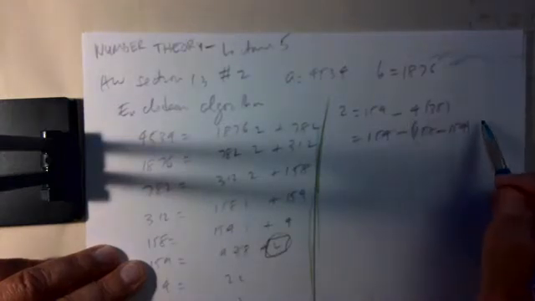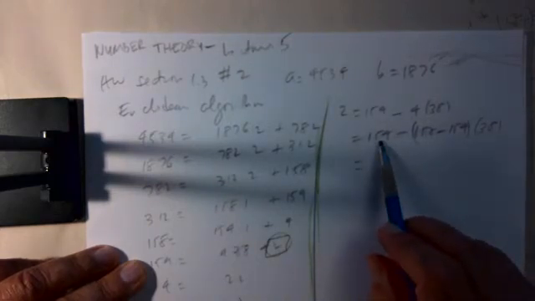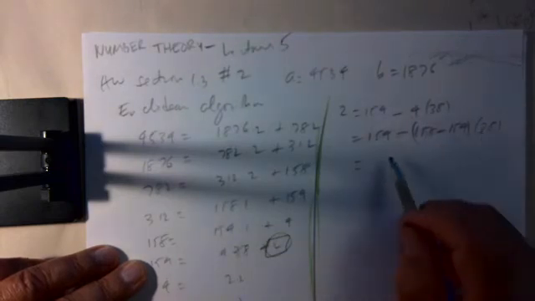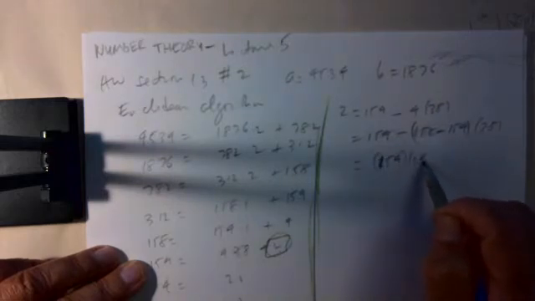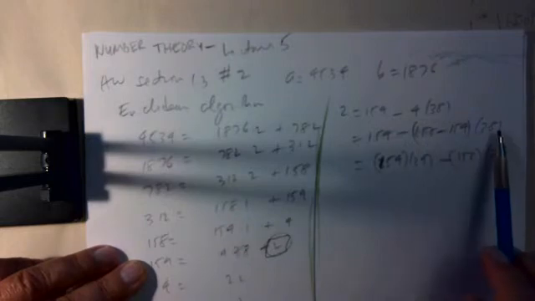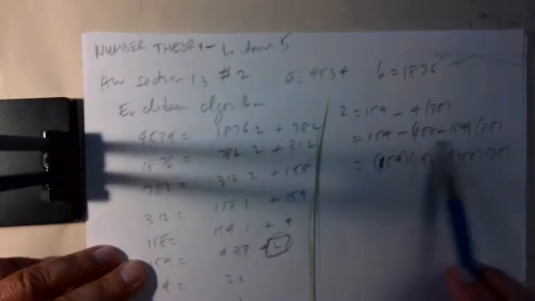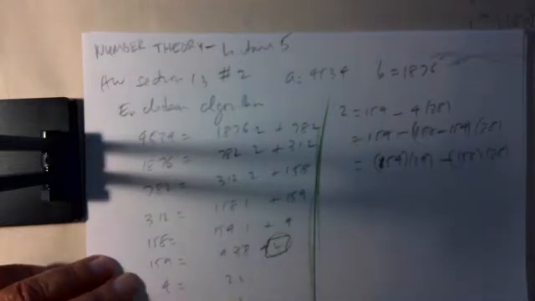So I can substitute that for 4 times 38. What do I have? I have 154 minus times minus is plus 38 times 154. So that's 154 times 39 minus 158 times 38. Right? So if I'm doing my arithmetic correctly, all I did here is just expand and collect terms.